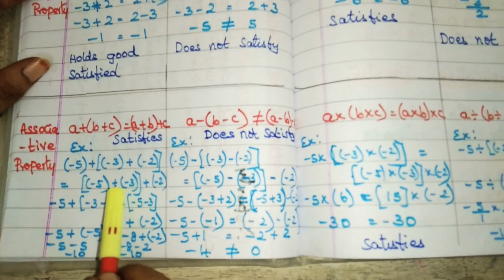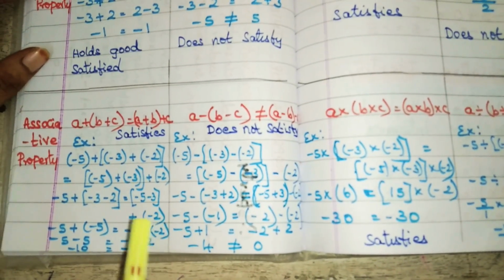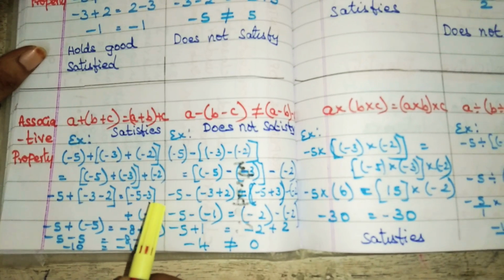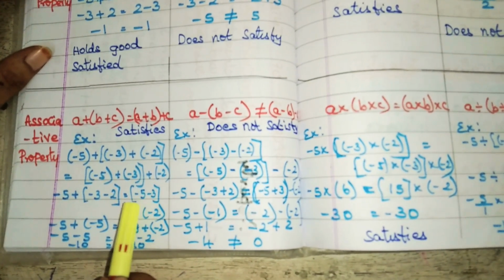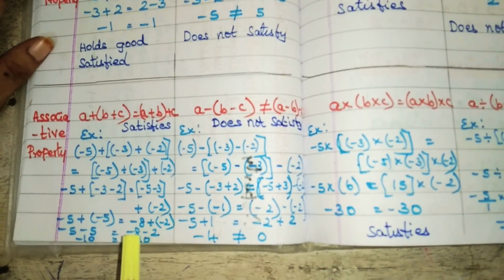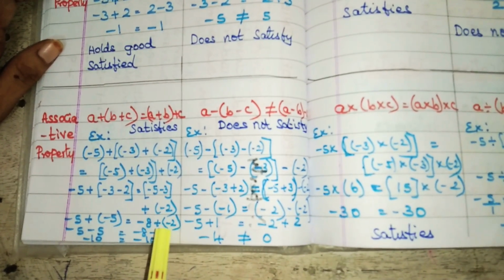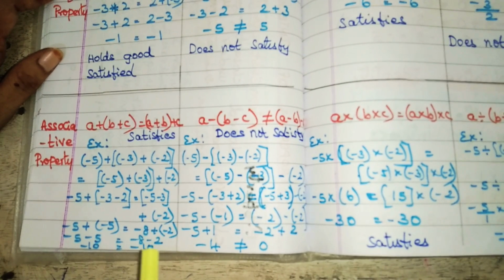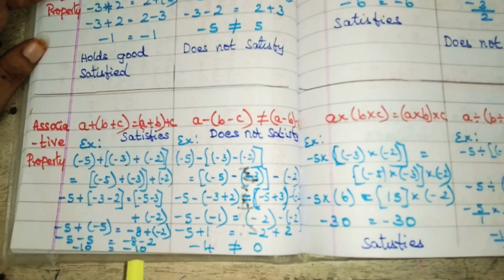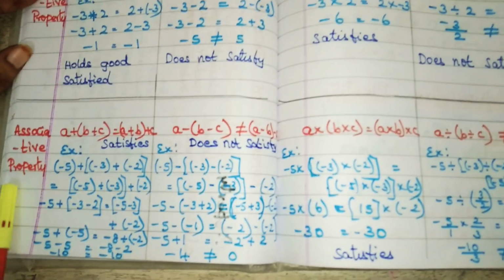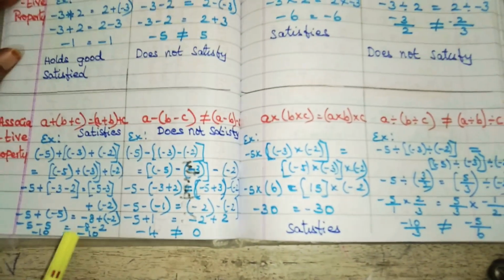So minus 5 plus into minus, minus. So minus 5 minus 3, plus minus 2 separately. Now two numbers having the same sign, add. So minus 8 plus, within brackets, minus 2. Plus into minus, minus. So minus 8 minus 2 is again minus 10. So addition gets satisfied under the associative property.